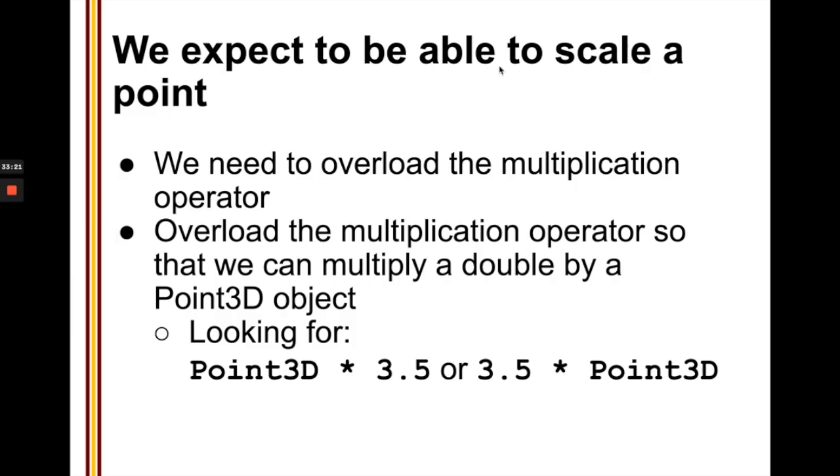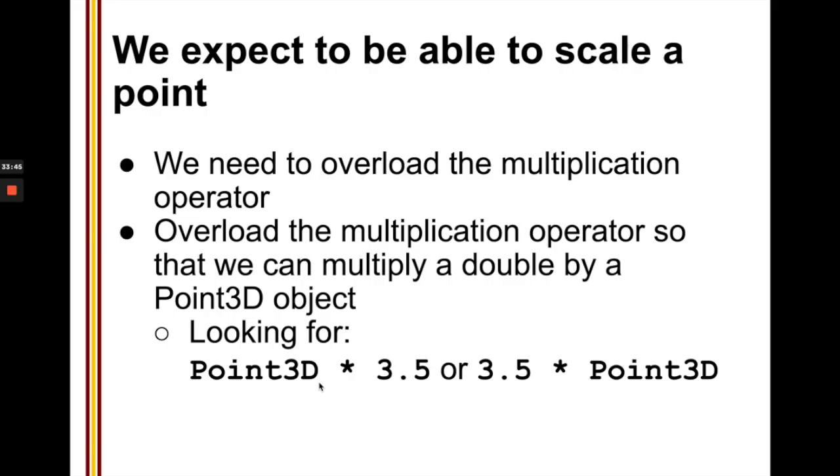So we have some useful overloaded operators for Point3D, but what if we want to scale a point? Well, if we want to scale a point, so be able to multiply a point by a value, we're going to have to overload the multiplication operator, the asterisk. And we're actually going to overload it twice.